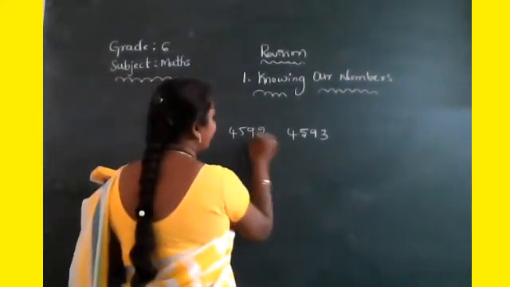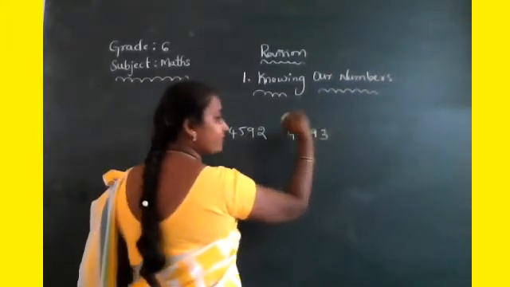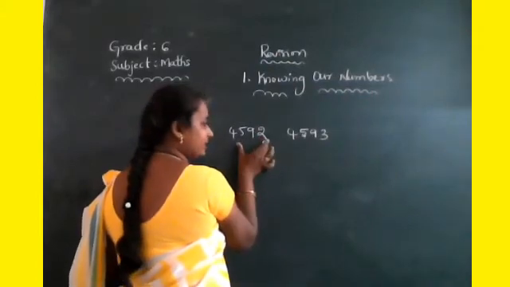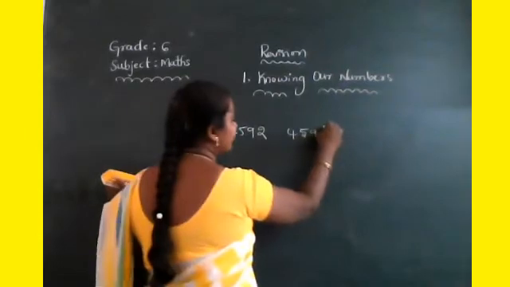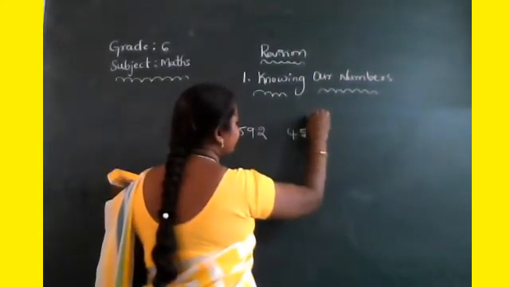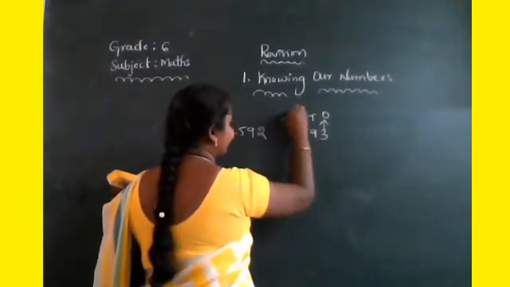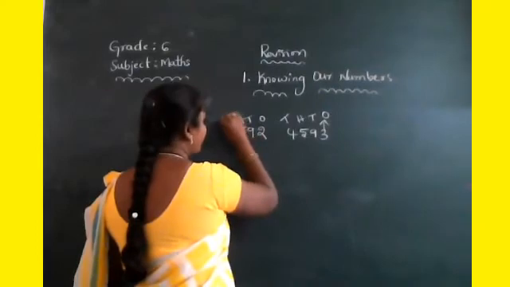First compare the digits, so the place values. Here it contains 4 digits. Here 4 digits. First give the place values of these: ones, tens, hundreds, thousands. Here also ones, tens, hundreds, thousands.